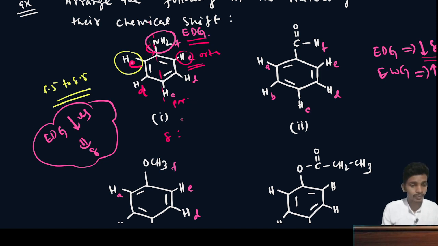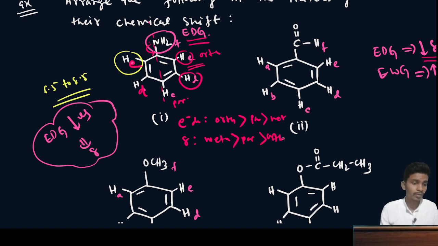So the electron density order will be first ortho, after that para, then the meta, because electrons are not coming to meta. Then the chemical shift value will be just opposite of that. That means first will come meta, then para, then ortho. Okay, and now for these hydrogens, since this is an electron donating group, this value will be the lowest.